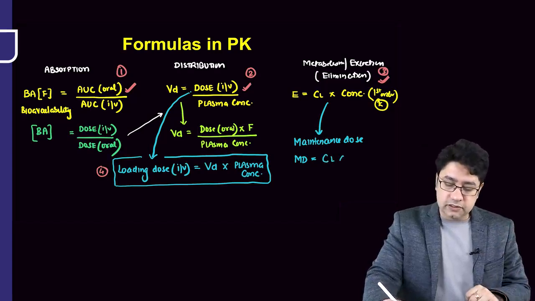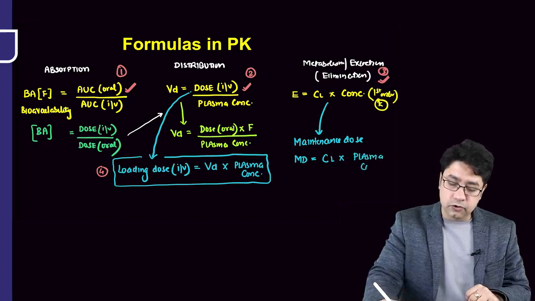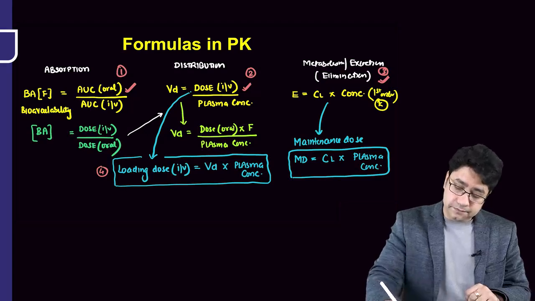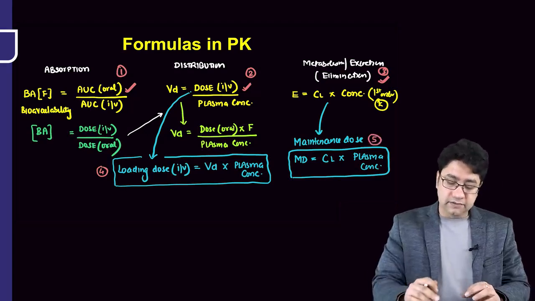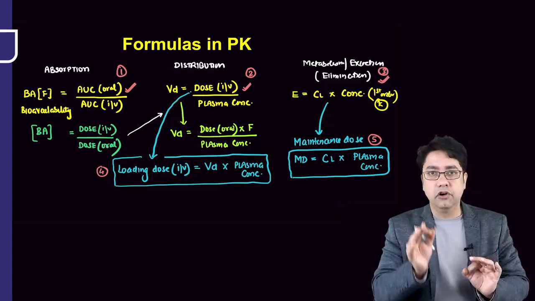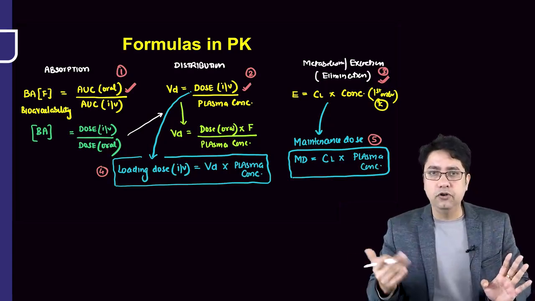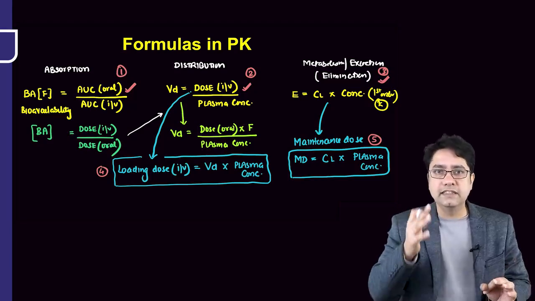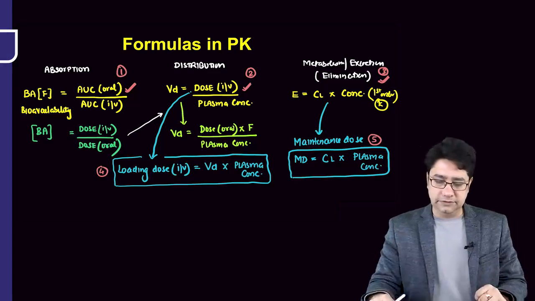So maintenance dose is clearance into plasma concentration which you want to achieve, which is the fifth formula. So can we say loading dose depends upon volume of distribution into plasma concentration? Maintenance dose depends upon clearance capacity into plasma concentration.